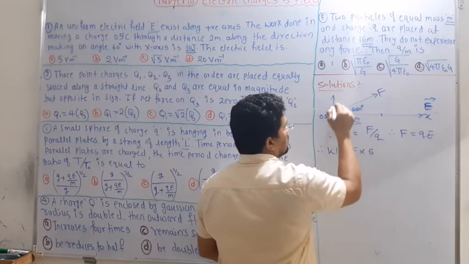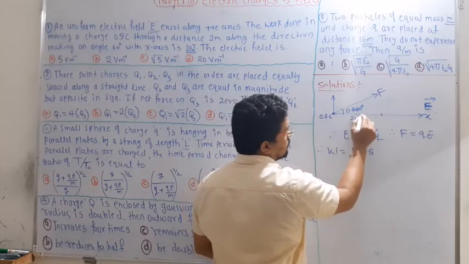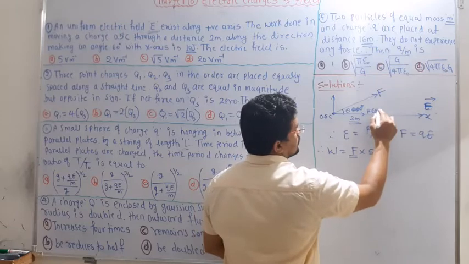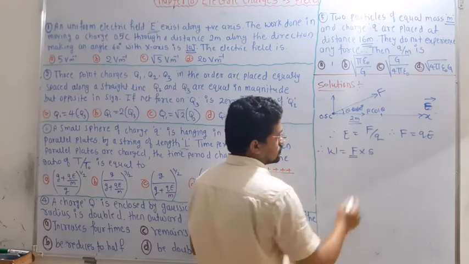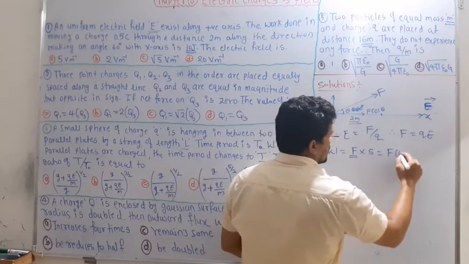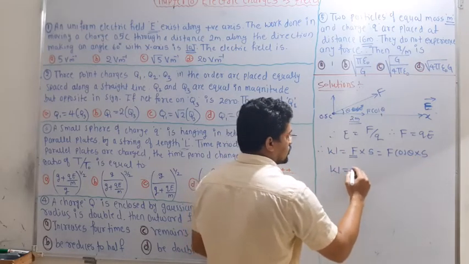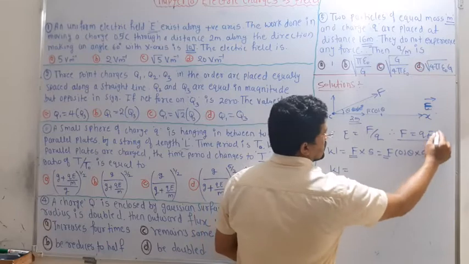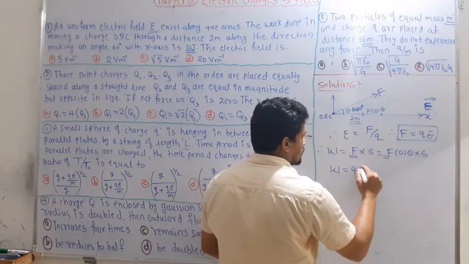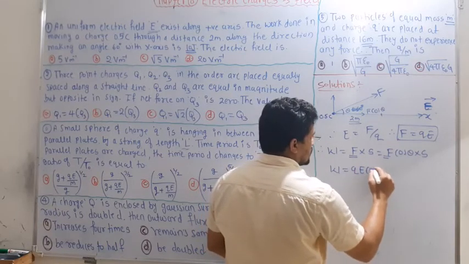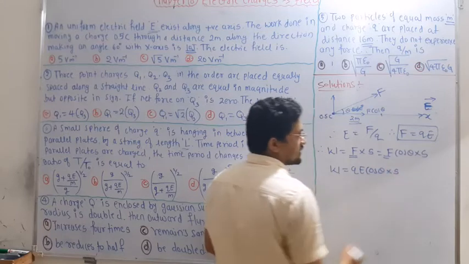One component is F sin theta and the horizontal component is F cos theta. So work done is F cos theta multiplied by displacement S. But F is nothing but QE, therefore W = QE cos theta times S.